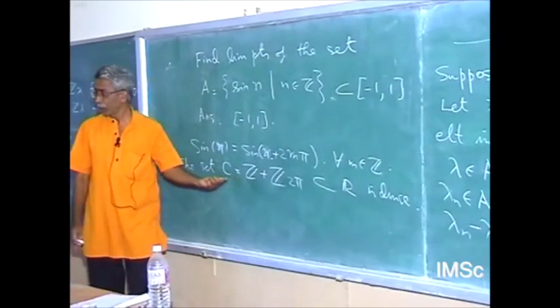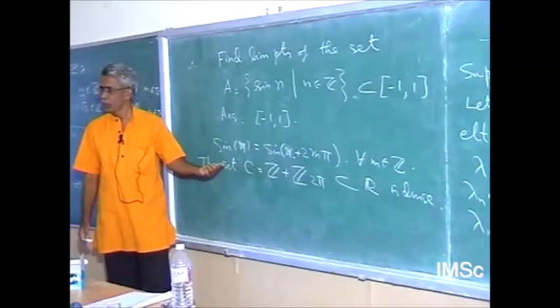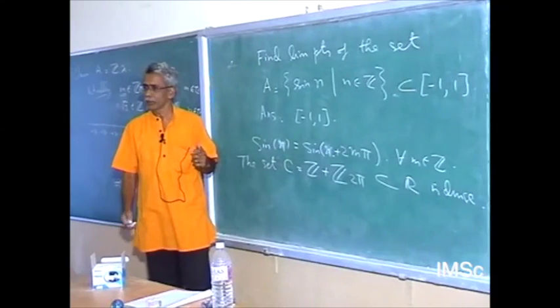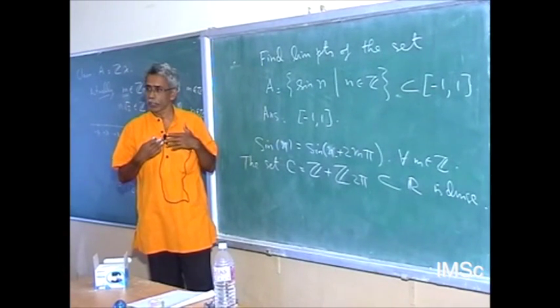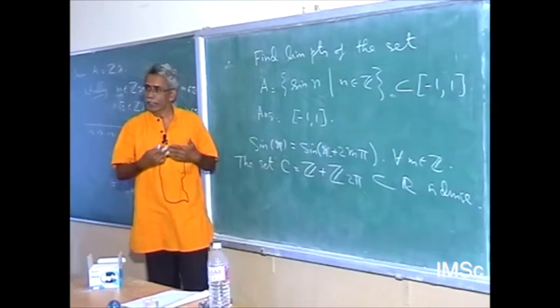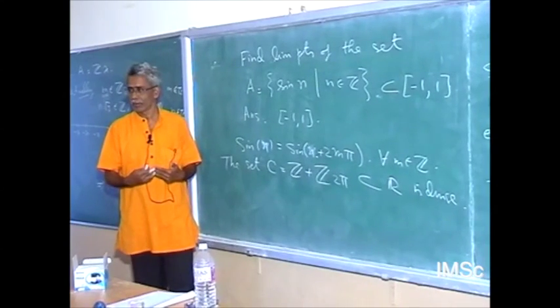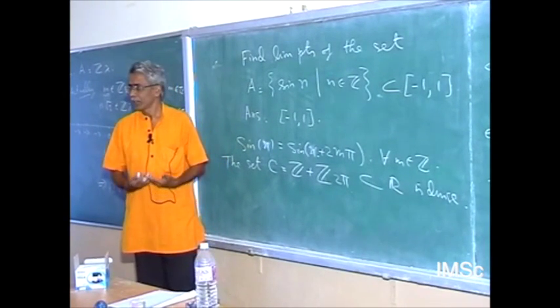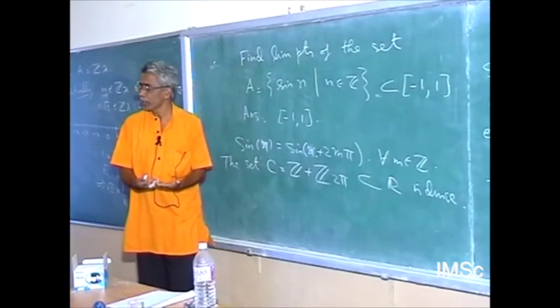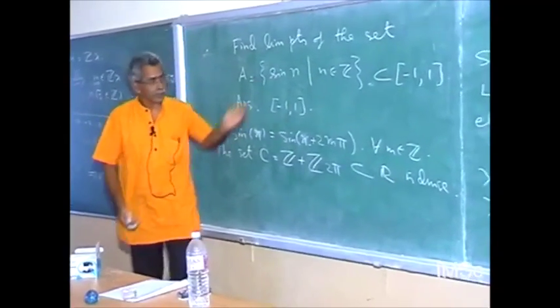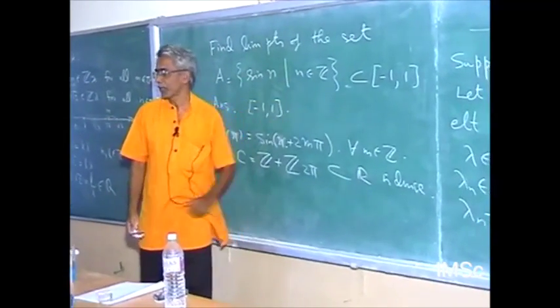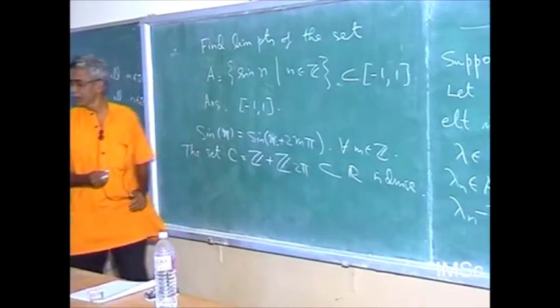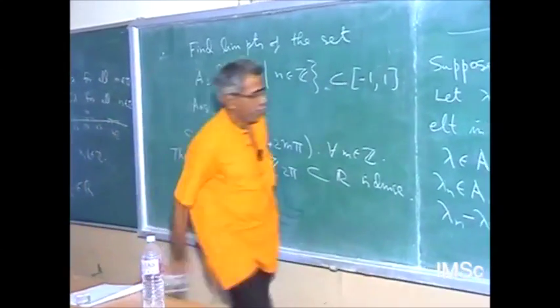But now I have a continuous function, and I am just looking at the image of a dense set in the domain. What will be its nature when you look at the image? The image will have to be dense in the image of the whole domain. You understand what I am saying? So I write that here.